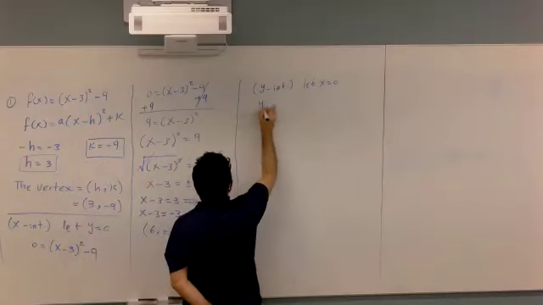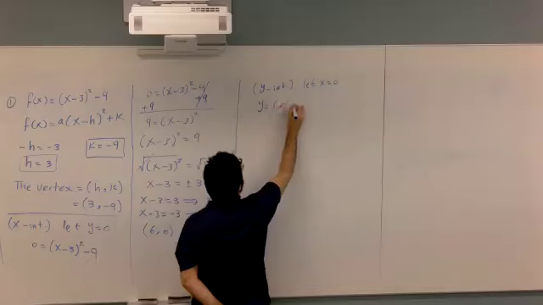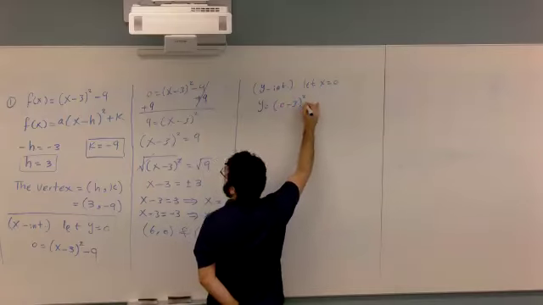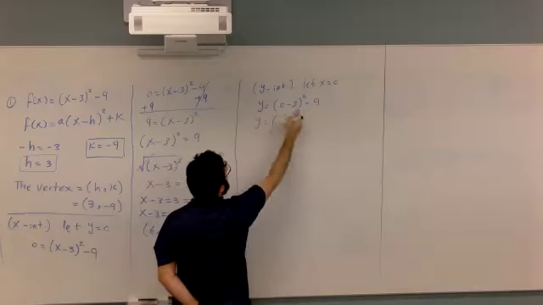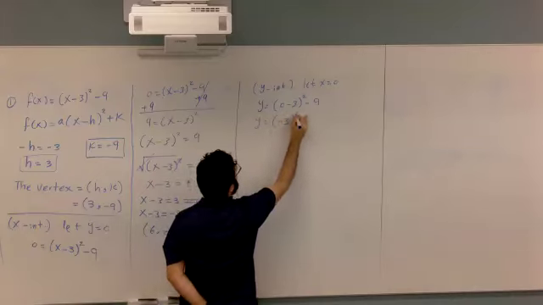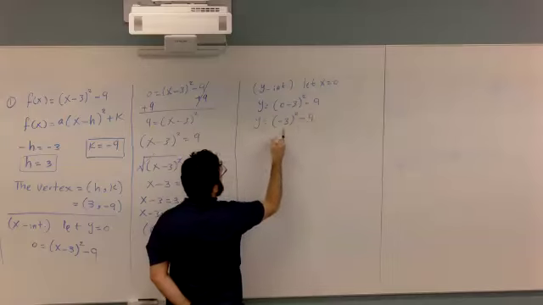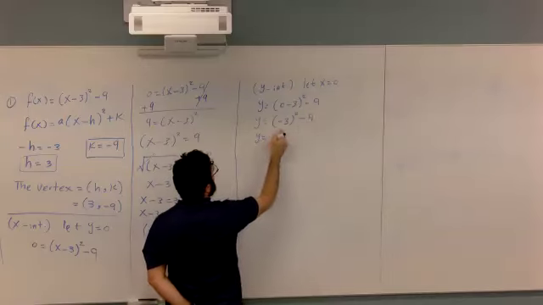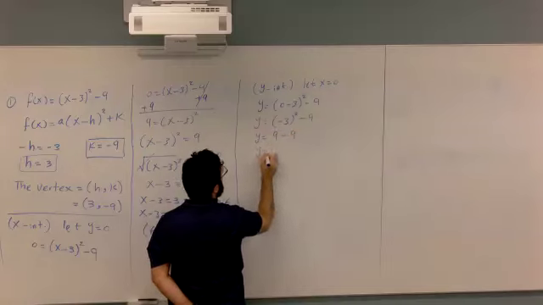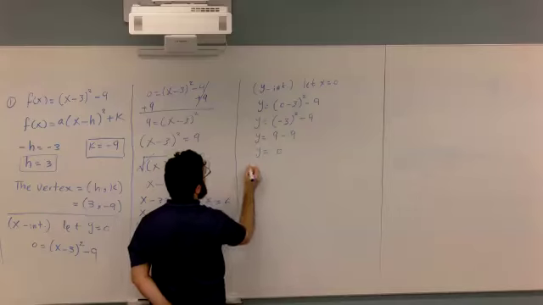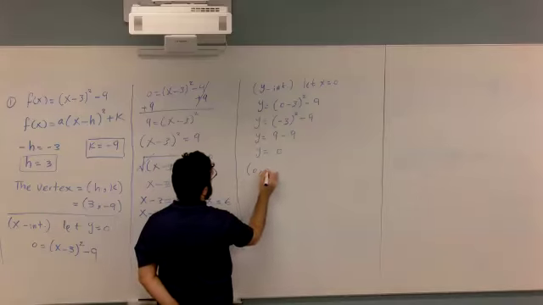That means y equals (0 minus 3) squared minus 9. Negative 3 squared equals what? 9. So 9 minus 9, y equals 0. That means the y-intercept is (0, 0).